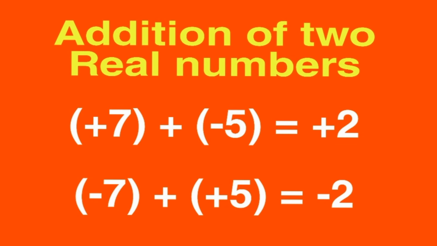But if we have +7 and -5, then the answer will be +2, because of subtraction. So when we have different signs of any two terms, we subtract the smaller absolute value from the largest absolute value.